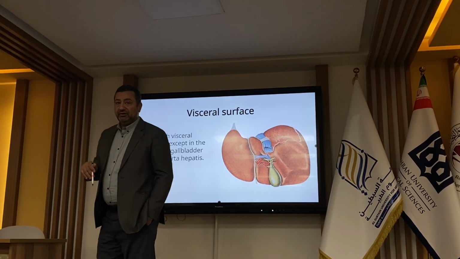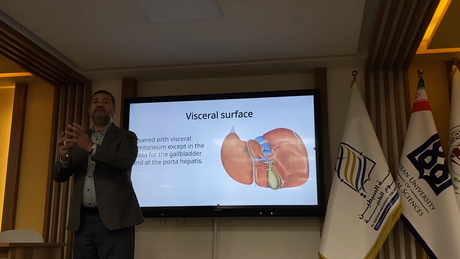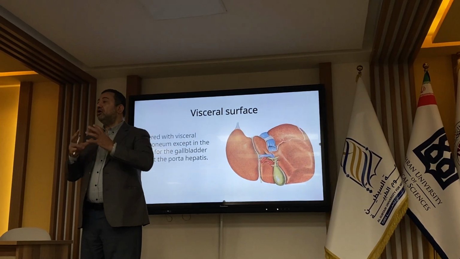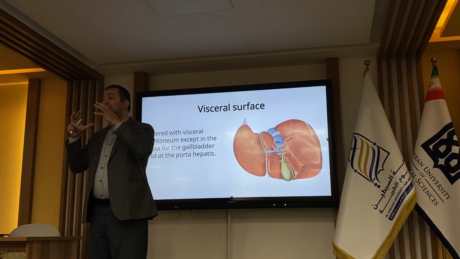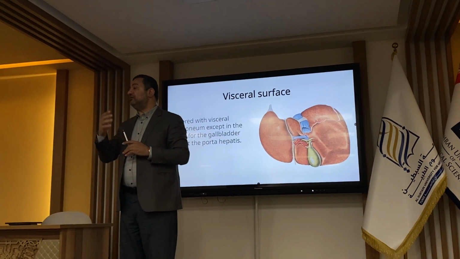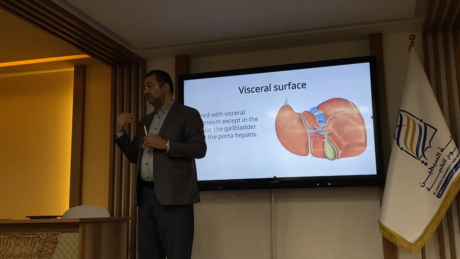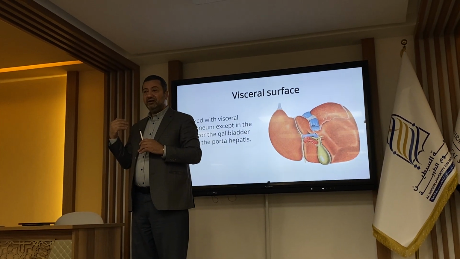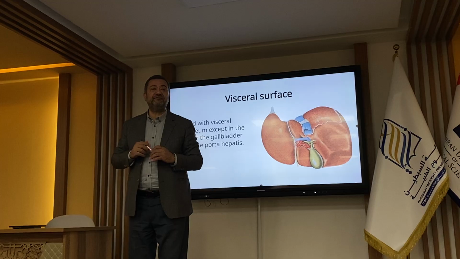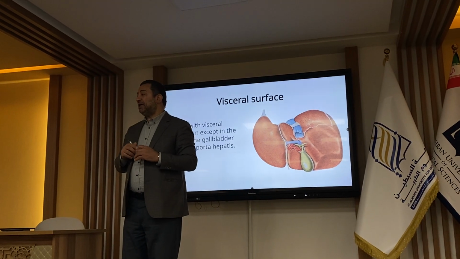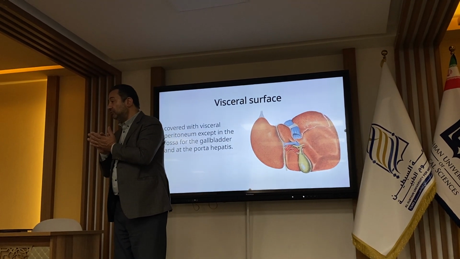The liver is covered by the visceral peritoneum completely, except for the posterior surface. Okay? Because the posterior surface of the liver is attached to the diaphragm.